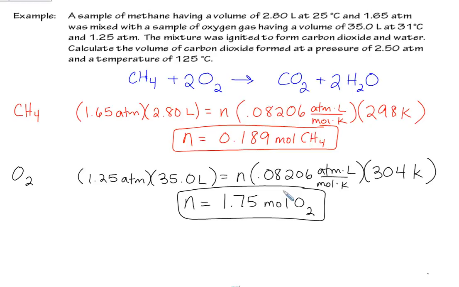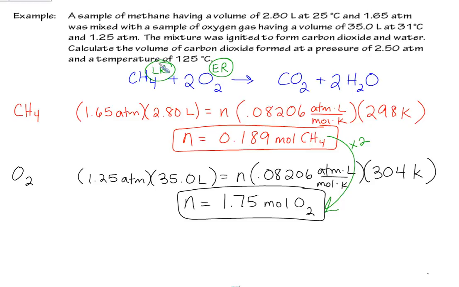So I compare what I have. I'm supposed to multiply that by 2. Yep, we got it. We got well over the needed amount of oxygen. So by far, oxygen is my excess reactant. And that leaves methane as my limiting reactant.